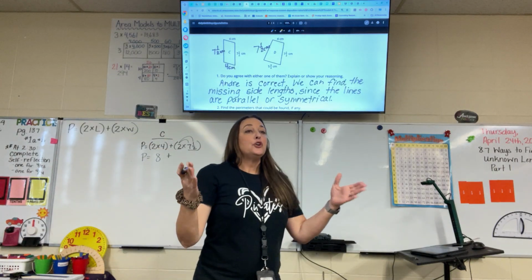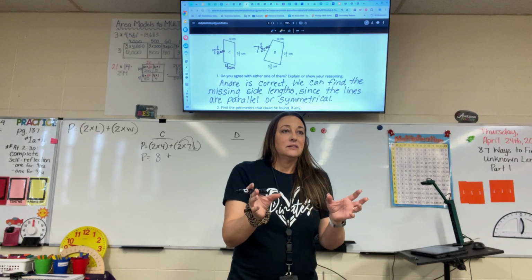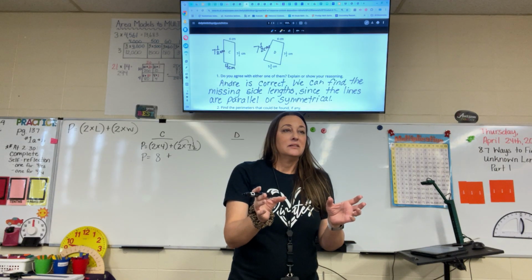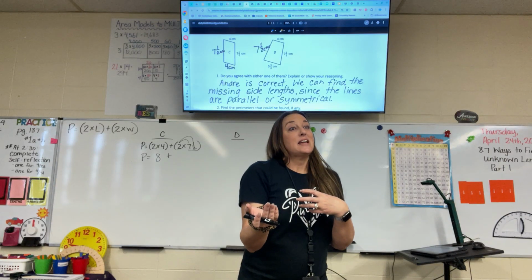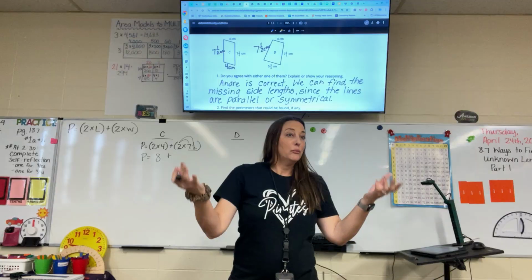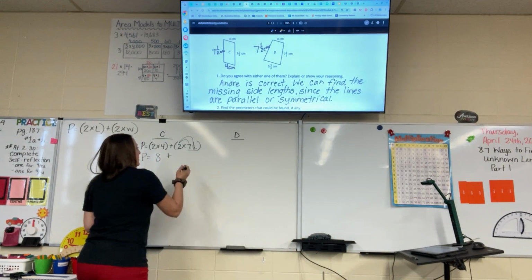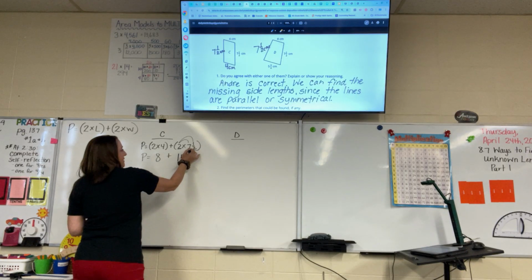So if you have 2 halves, what do you have? 2 halves is the same as 1 whole. So 14 wholes plus 1 whole would be? There you go. Does that make sense? You've got to double both of them, not just the 7.